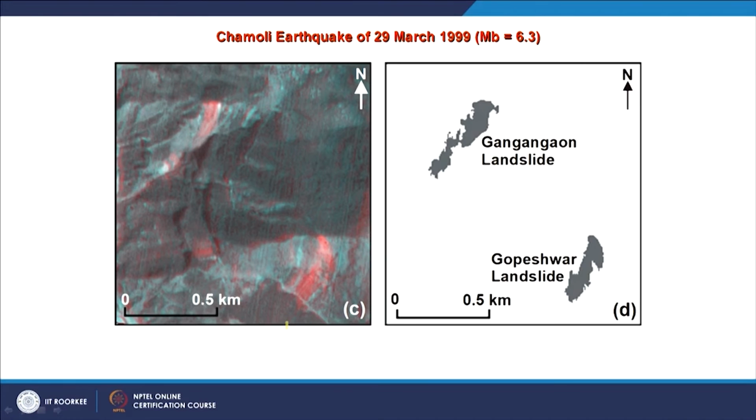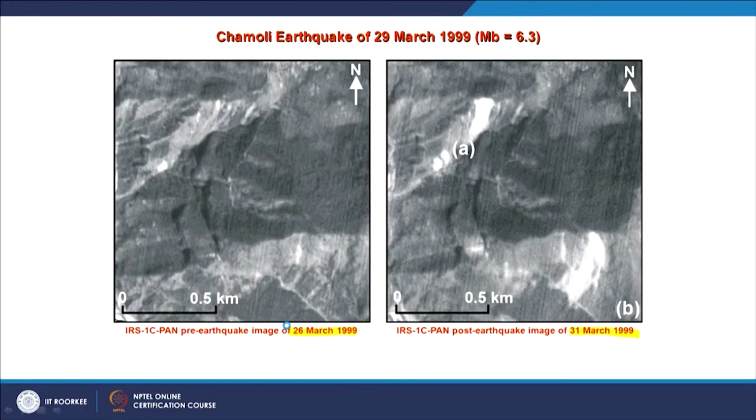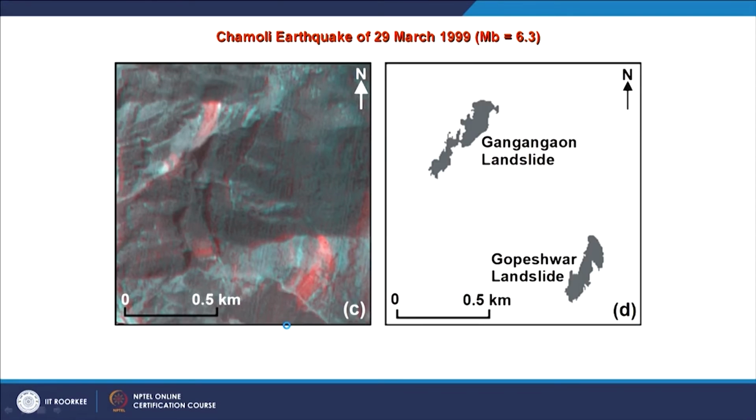Then it becomes much easier, rather than interpreting images having two different dates. These two different date images have been transformed using that color space concept, and a pseudo color transformation image was created, and this is what you see.